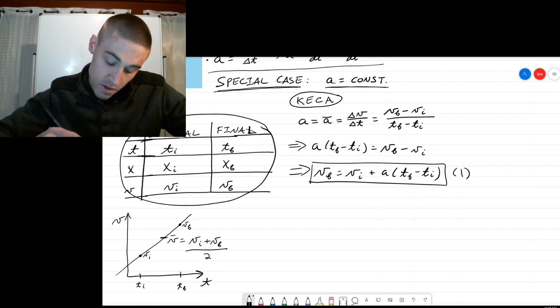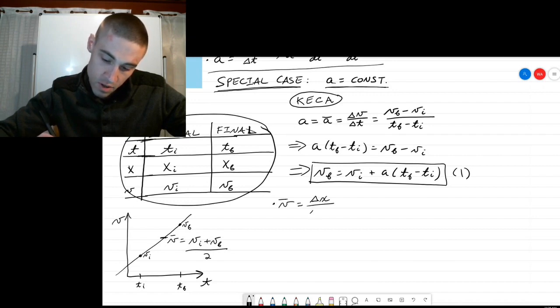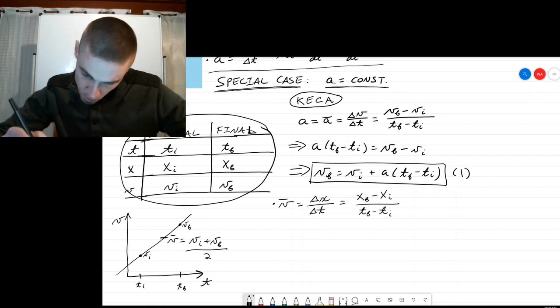So this turns out to be very helpful for us because we can take the definition of average velocity, change in position over change in time, or in our notation, x final minus x initial over t final minus t initial.